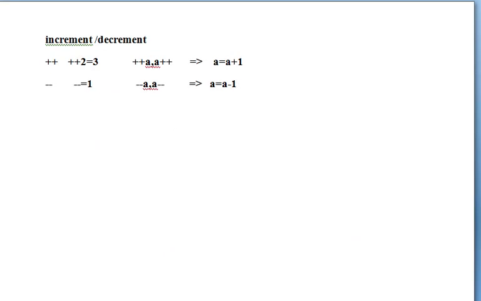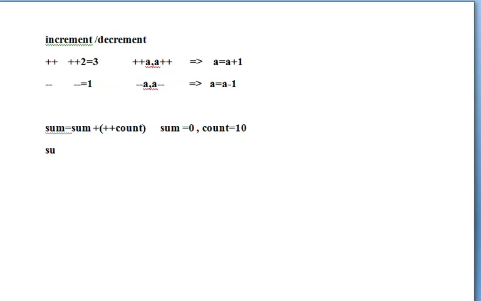Here is one example I can explain: sum is equal to sum plus, in brackets, plus plus count. Here count has the prefix notation because plus plus is used before it. The initial value of sum is 0 and count is 10.